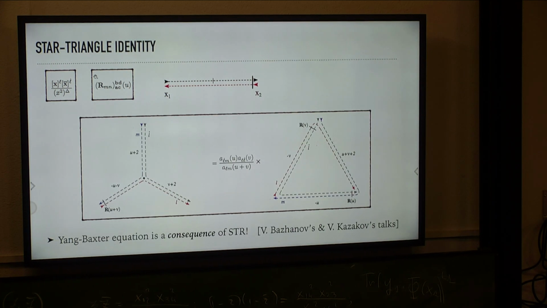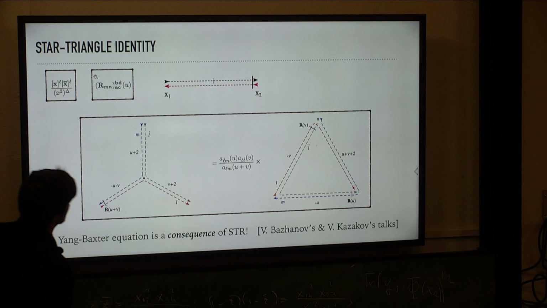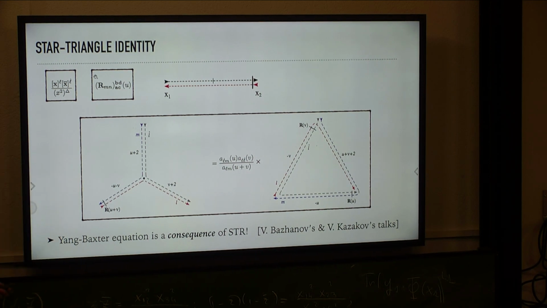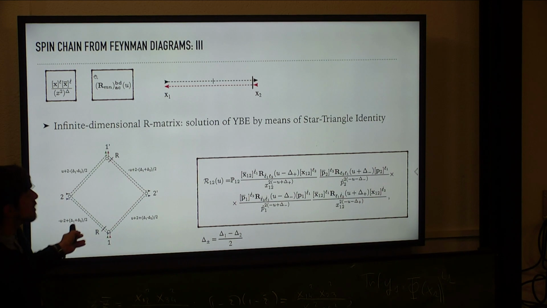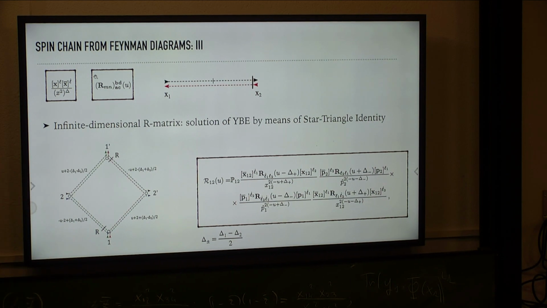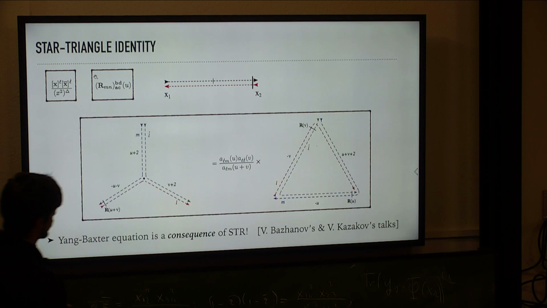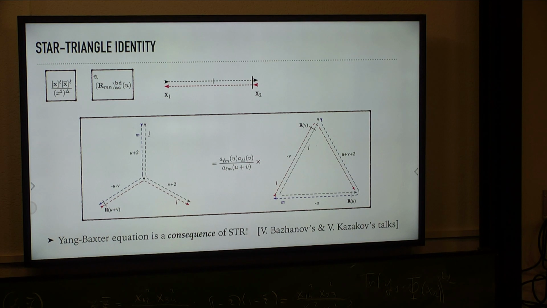Okay, so how to spell the star triangle relation in the very general formulation? What I'm claiming is that this object solves the Yang-Baxter equation, and therefore will be used to prove integrability of the chain we need in order to compute the graph. But really, as it was told by Vladimir Bazhanov, the fundamental relation at the basis of integrability of these models is the star triangle relation.